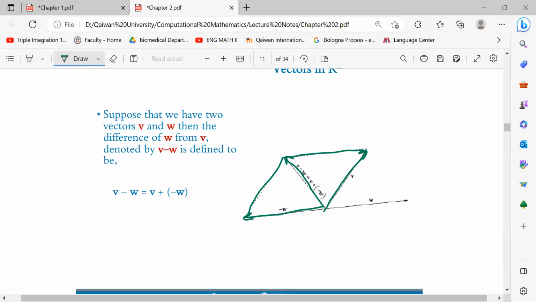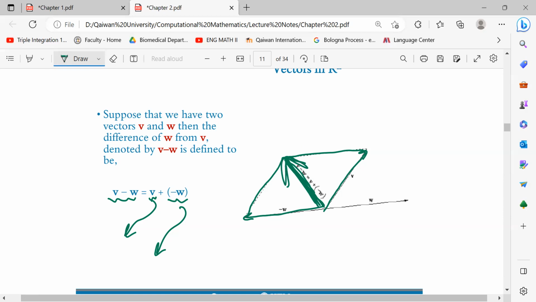Okay? V minus w is the same as to say v plus minus w. So we represent v and minus w. Then we find v plus minus w. V minus w is this vector. That's it.